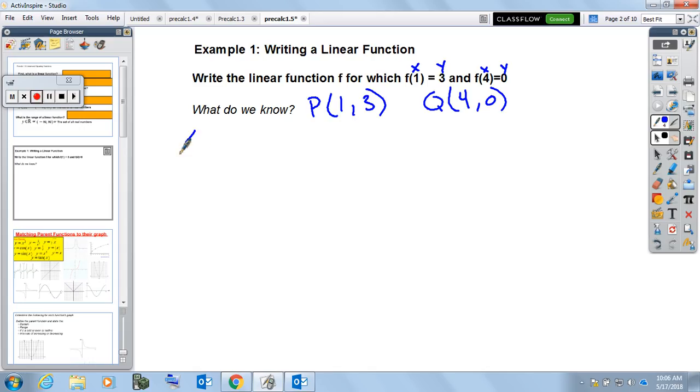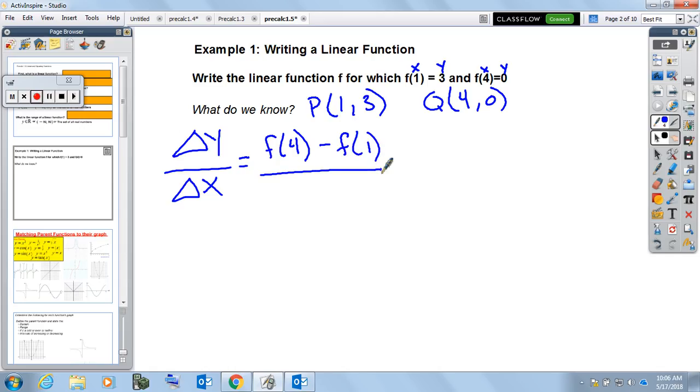Remember how I wanted you to start thinking about slope as change in y over change in x? Well, what does that look like in terms of what they gave us? They gave us the change in y, which was really f of 4 minus f of 1. And what was the change in x? The change in x was 4 minus 1.